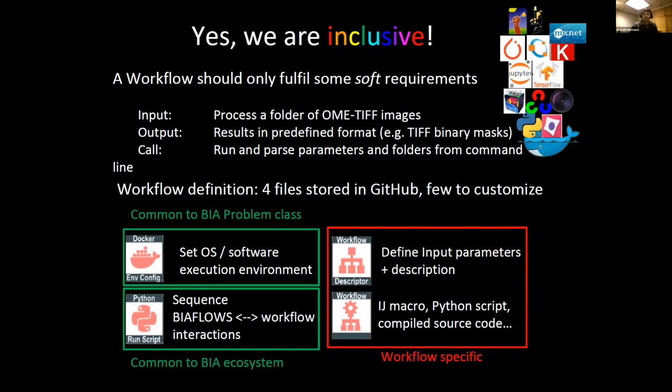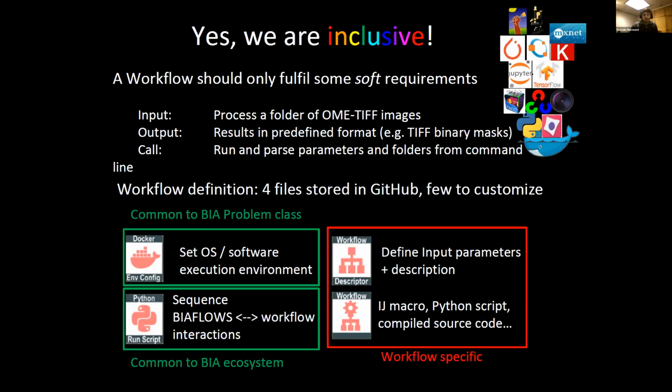Usually it's binary masks. And then you should be able to call this workflow from the command line. That's basically the only constraint you have, because you can actually run it in a Docker file. So we don't impose any constraint on library versions, because you can define that yourself in the Docker file.